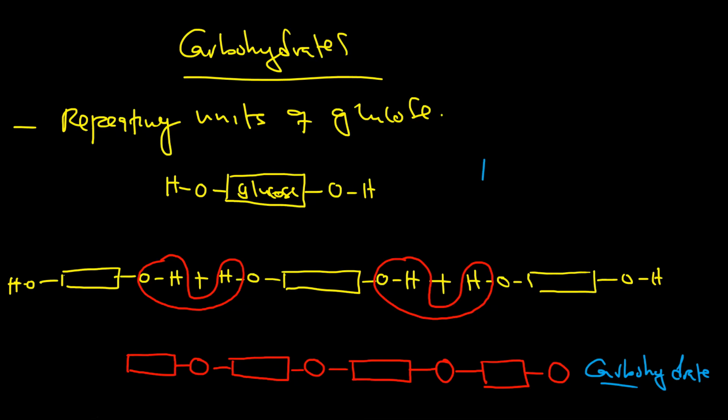So to draw the monomer, you just put this. This is the monomer. I guess you've gotten that. So a monomer, where it is coming from, the structure is this. Then the polymer that comes out looks like that. And the polymer is called carbohydrates. And by what process is it formed?